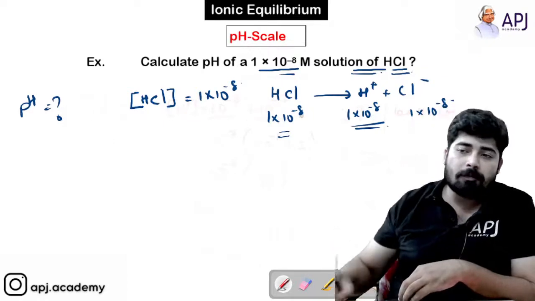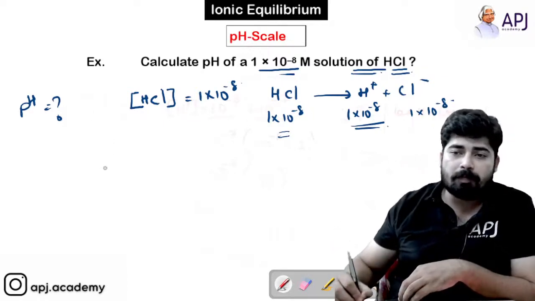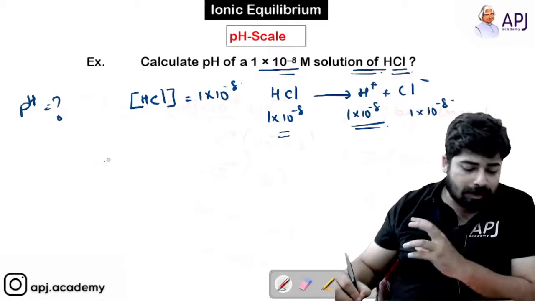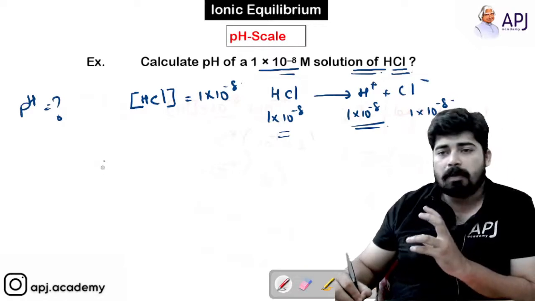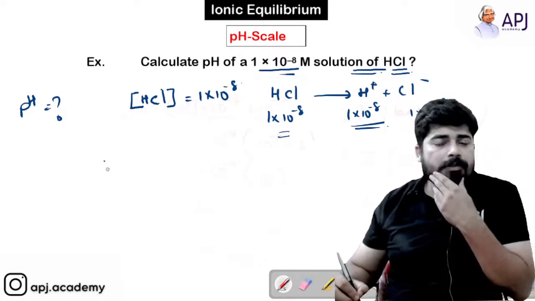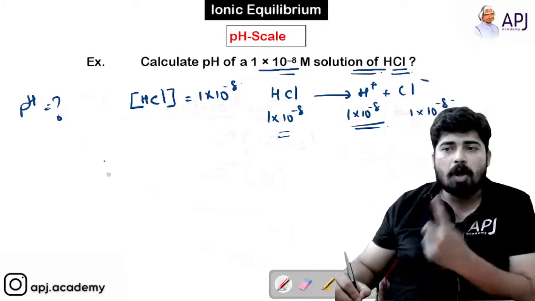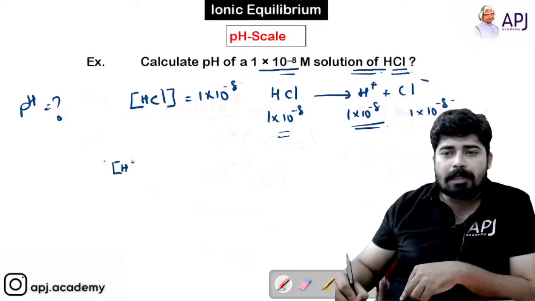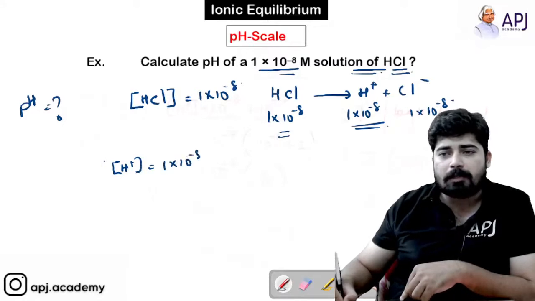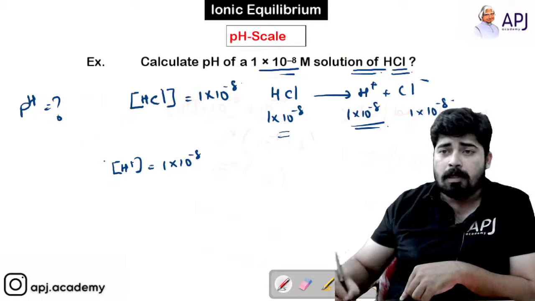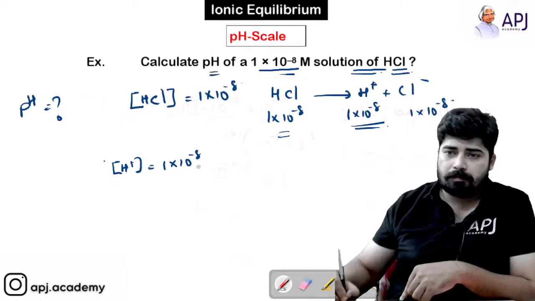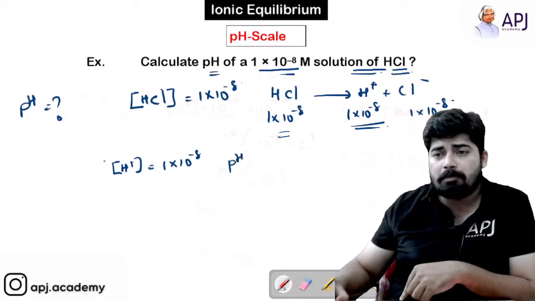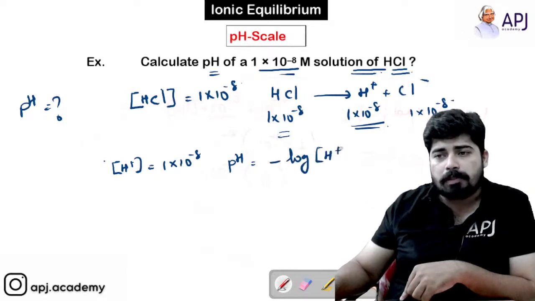But if you find out the value of pH, see here, this is a very interesting question because this type of question can be asked in your exam. Normally students will consider that we obtain the value of H plus from HCl, that is 1 into 10 raised to minus 8. We are asked to find out the pH. pH is equal to negative logarithm of H plus concentration.